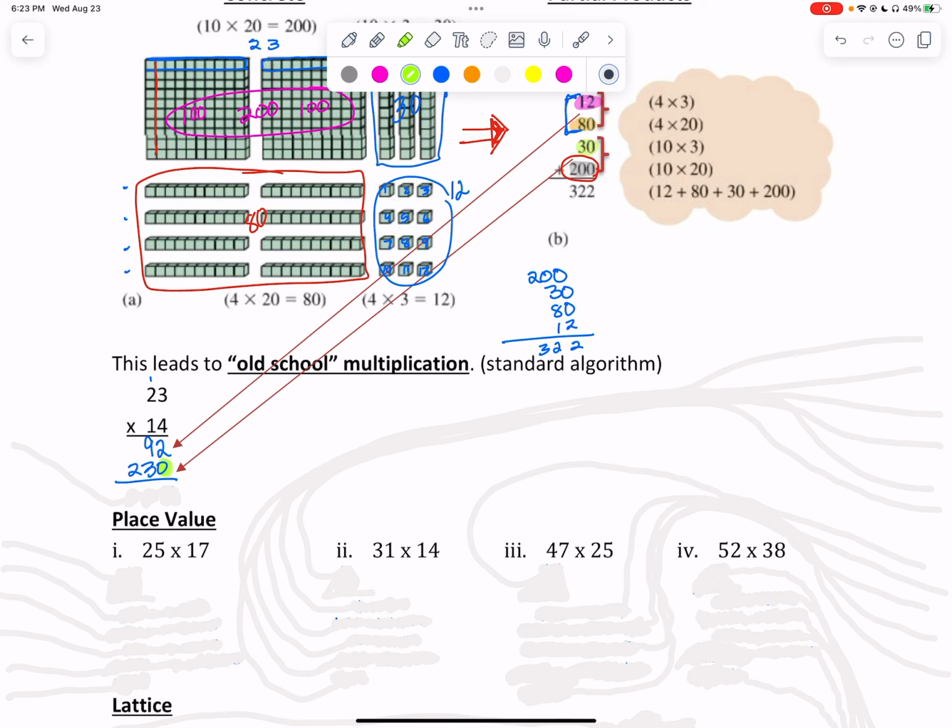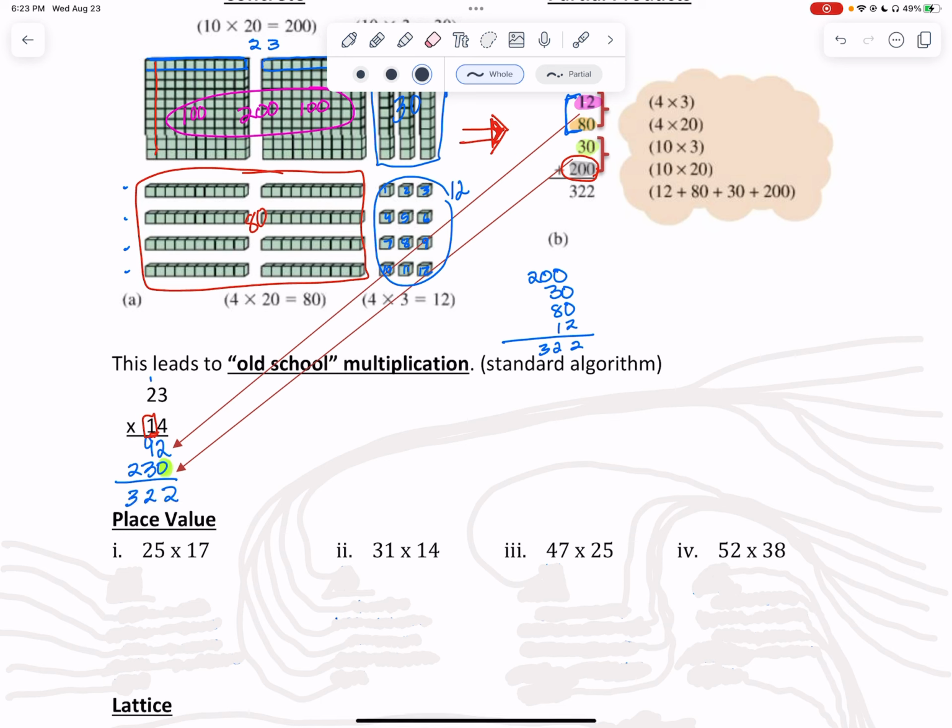The rule is you just stick a 0 there. Why? The reason is you are not multiplying by a 1, you are multiplying by a 10. It's in the tens place. So you're really saying 10 times 23 instead of 1 times 23. So that's the why for the 0 there. Then you just add it.